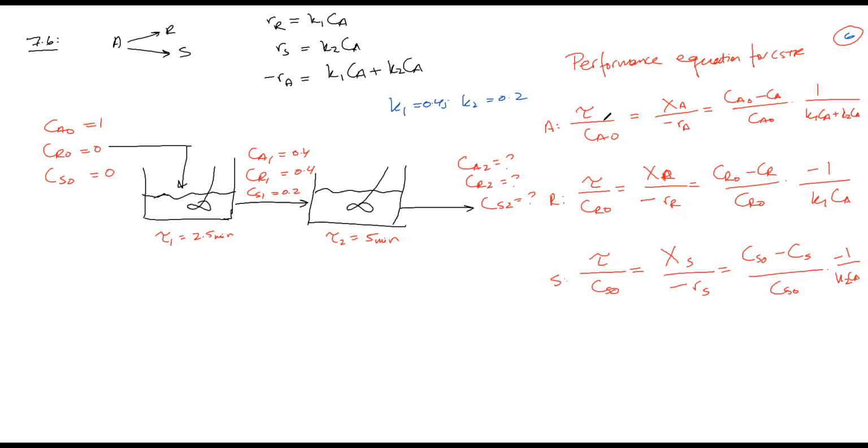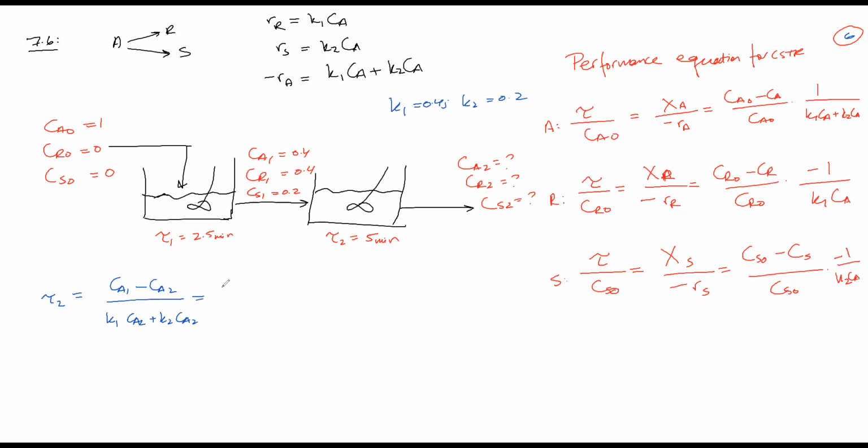I'm going to use the first performance equation of A first. So tau 2 will be CA naught, or the initial concentration into the second reactor, which is CA1, minus CA2, divided by K1 CA2 plus K2 CA2.